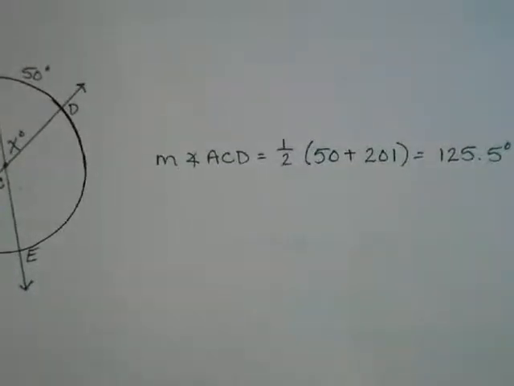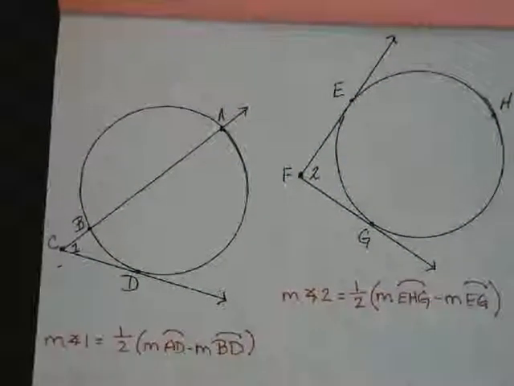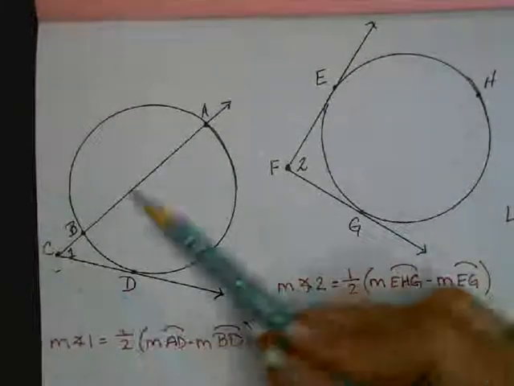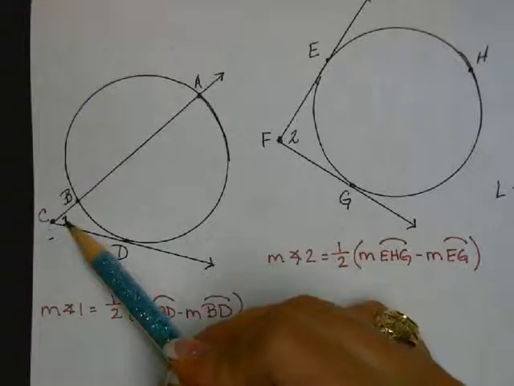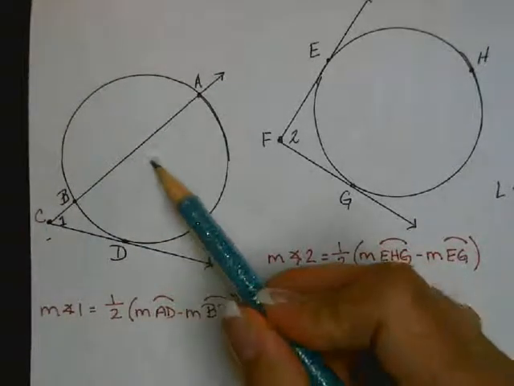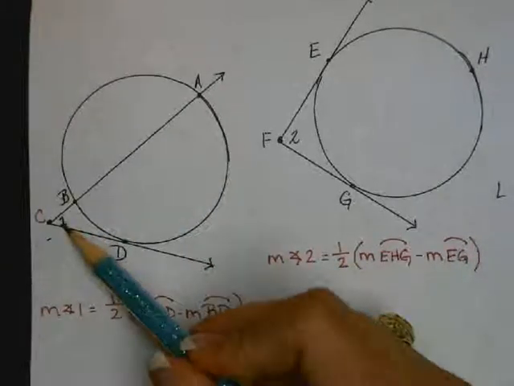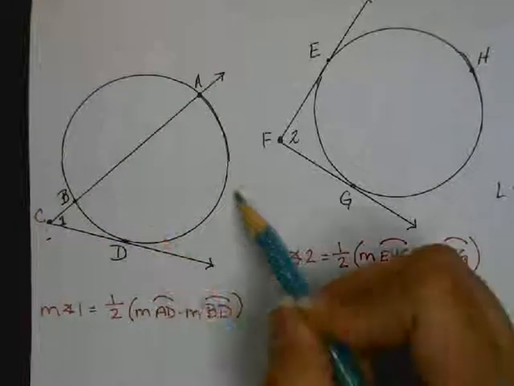Okay? And then let's look at our last examples, our last notes I should say. Here you have a secant and a tangent, but look where the angle is. Now it's on the outside of the circle. We had one on the circle, one inside the circle, and now on the outside. Well, on the circle, all you did was take the arc and divide by 2.